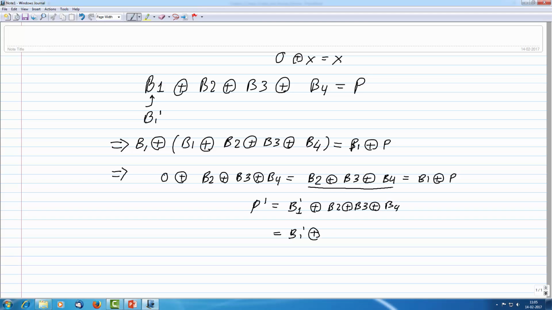So recall that this quantity is equal to B1 exclusive OR the parity P. So the new parity is given by this expression over here, and what this expression says is that it is equal to the old contents of block B1 exclusive OR with the new contents of block B1 exclusive OR with the parity. So recall that there is absolutely no reason to read blocks B2, B3 and B4.